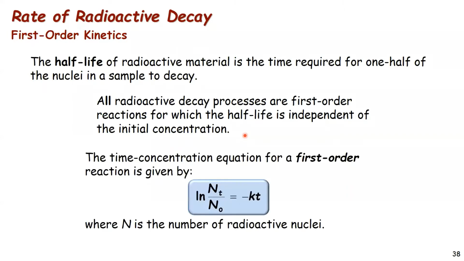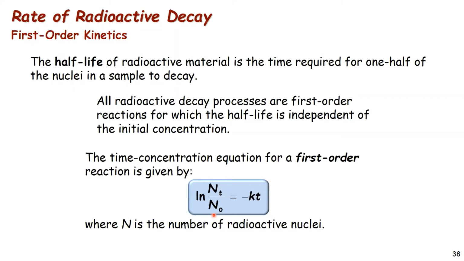Okay. So we're going to change the first order time concentration equation a little bit. Now remember, it used to be the concentration at time t over the initial concentration. Well, when we're talking about radioactive decay, we're usually talking about nuclei because we want to know how many nuclei disintegrate per second. So that's going to be our rate.